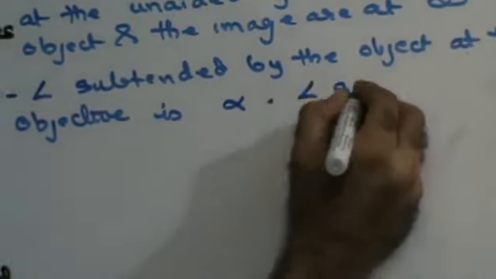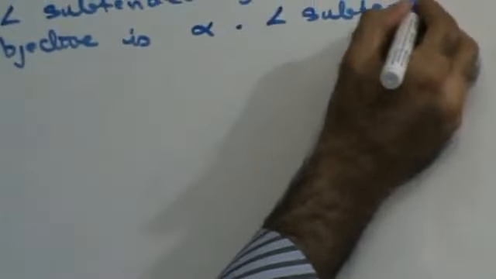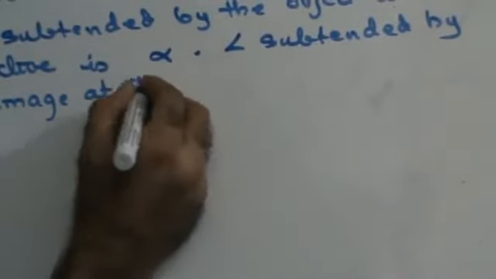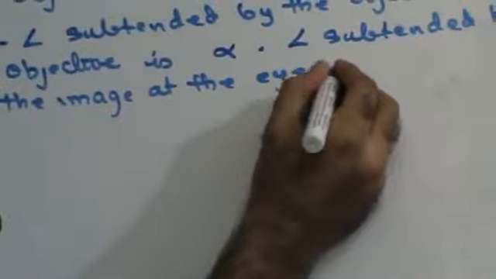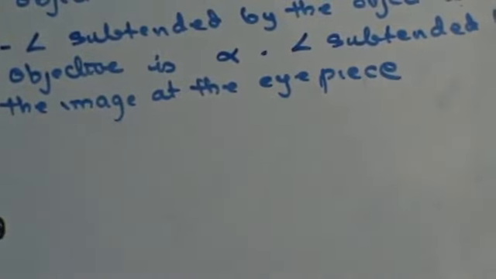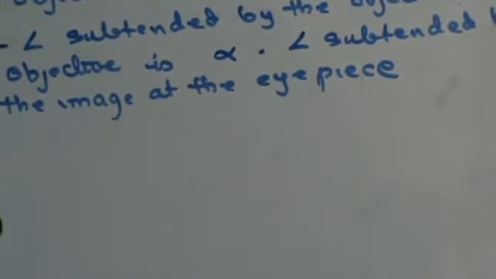Now the angle subtended by the image at the eyepiece is beta.